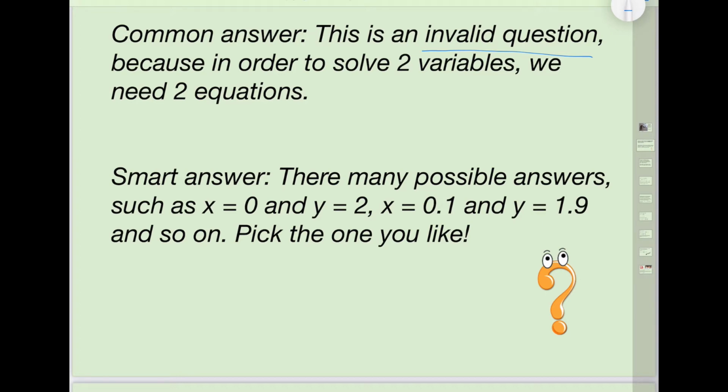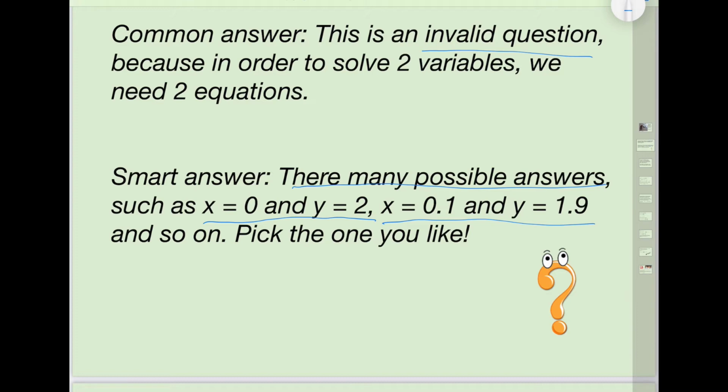Better and smarter answers say there are infinitely many possible answers. You can choose anything for x and y so that they add up to 2, such as x equals 0, y equals 2, x equals 2, y equals 0, or any other combination that becomes 2. So let's pick the answer you want.